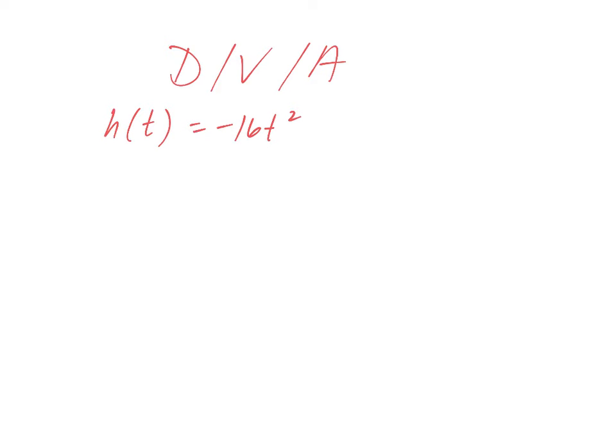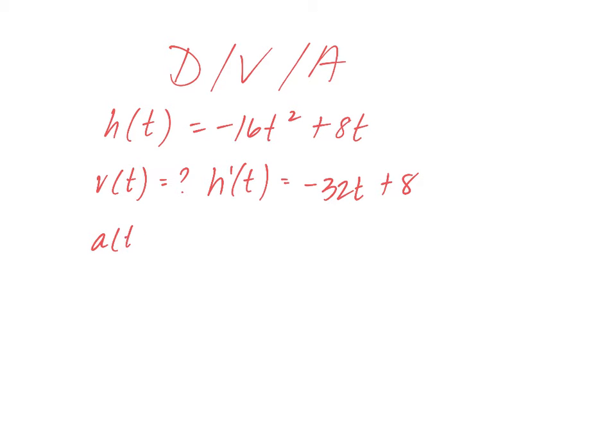So let's say we have negative 16t squared plus 8t, and we'll just leave it at that. All right, and let's say we want to find the velocity equation. Well, we do that by taking the derivative of the height equation. So if I take the derivative using the power rule, I would get negative 32t plus 8. So this would be my velocity equation.